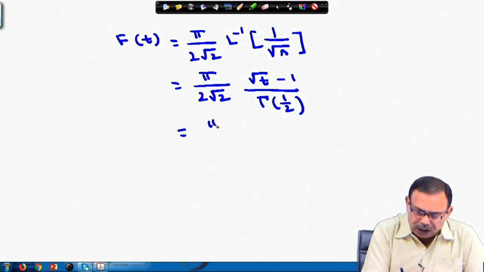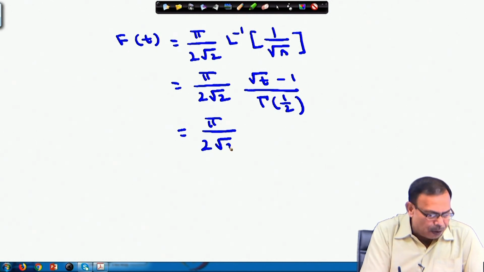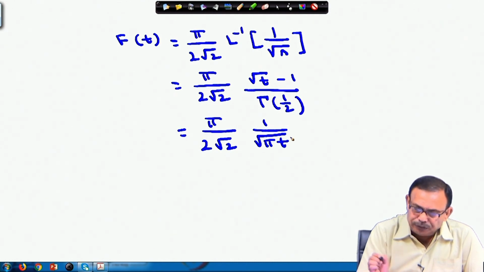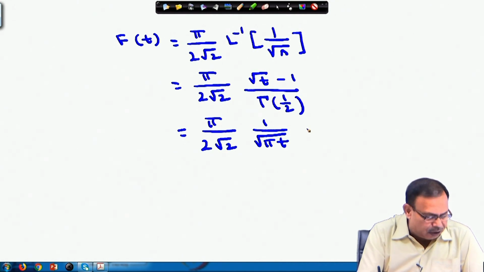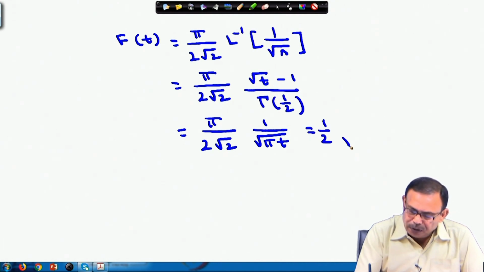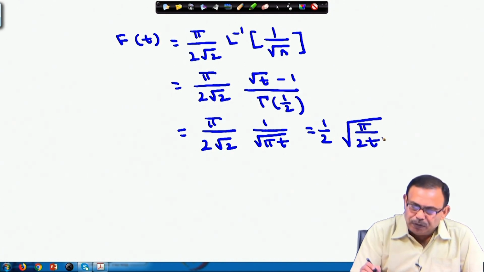So, I can write pi by 2 root 2 into, ultimately it will become 1 by root over pi t. This is nothing but half into root over pi by 2t, as one pi will be cancelled.